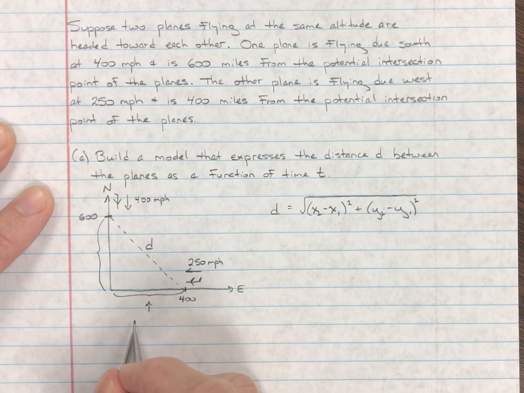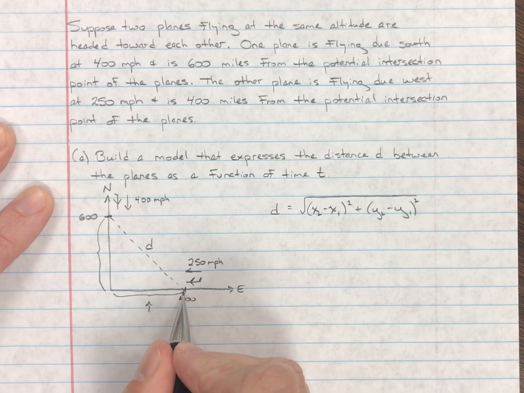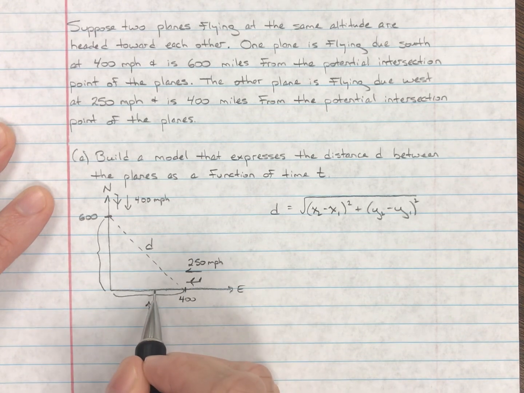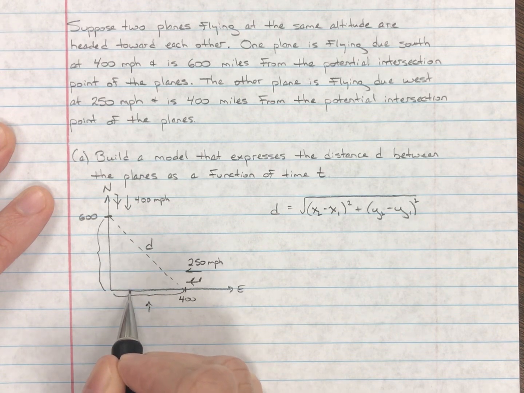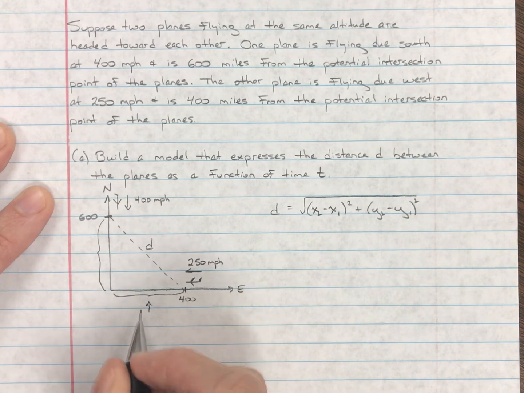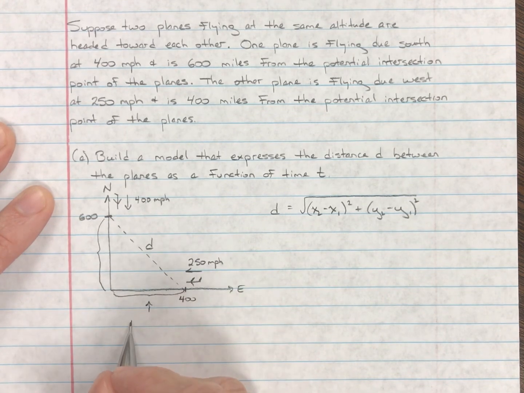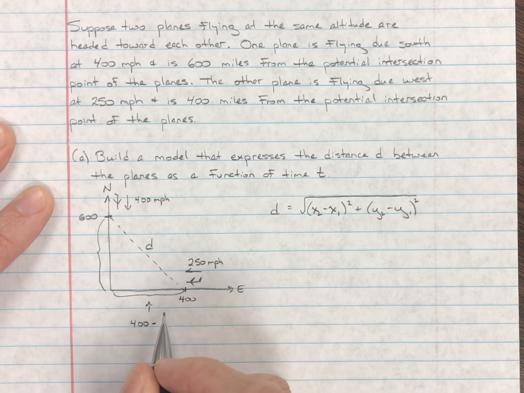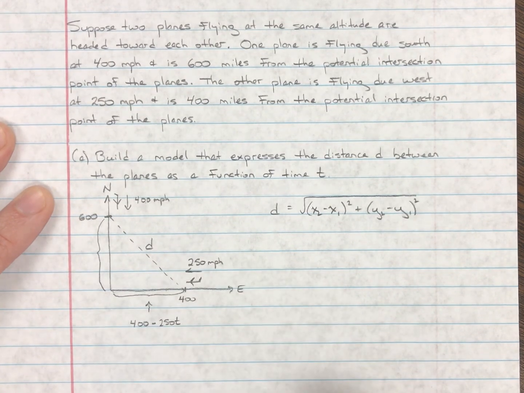Well, this length starts at 400, but every hour it loses 250 miles. After 1 hour, it loses 250 miles, after 2 hours, etc. So the distance from here to here is 400 minus 250 times t. At time 0, the distance is 400.